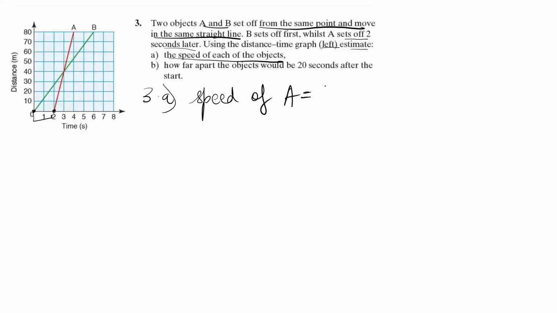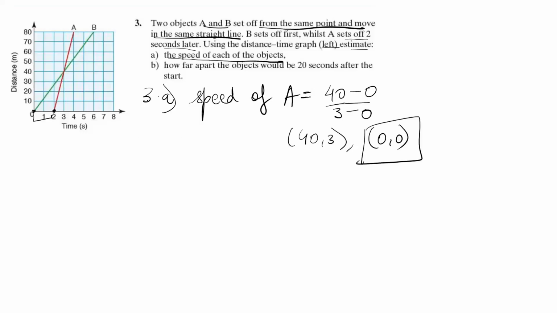So when you do 40 over 3, what you're implicitly doing is 40 minus 0 over 3 minus 0, which means that one point that you picked was 40, 3. The second point that you picked was 0, 0. But 0, 0 is not on our graph.